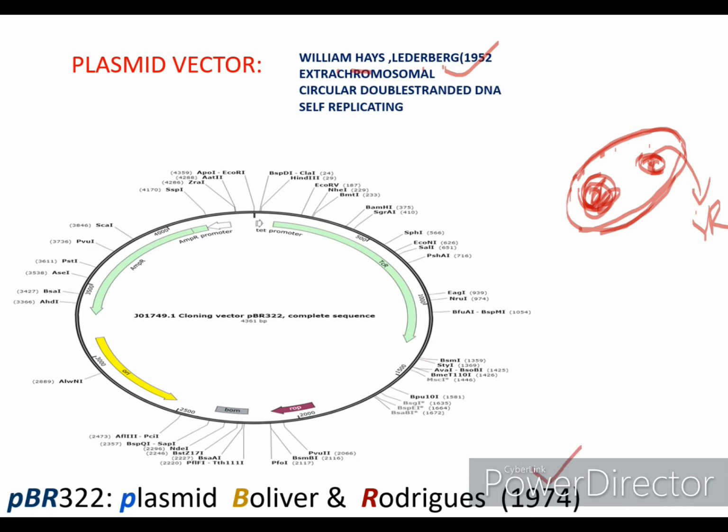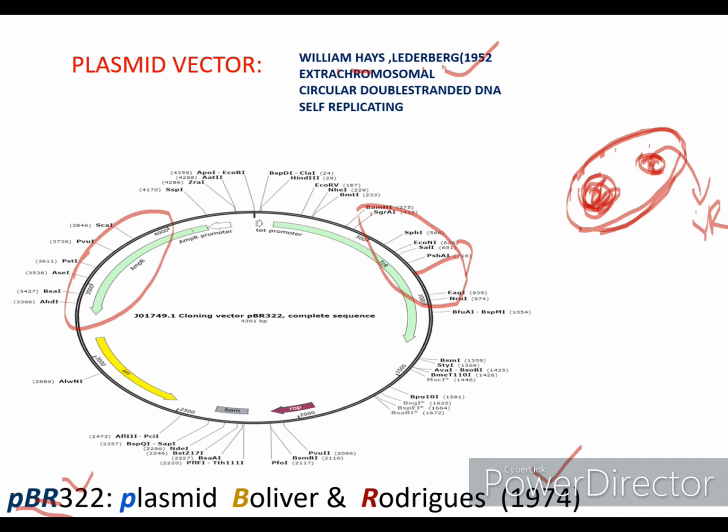Later, in 1974, pBR322 was discovered, a modified plasmid. The native plasmid is added with some versatile features like antibiotic resistant genes and sites for restriction enzymes. These extra features are added to make the native plasmid vector versatile, thus forming the genetically modified plasmid vectors.